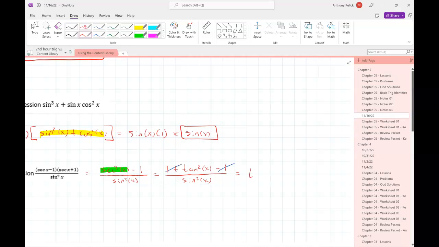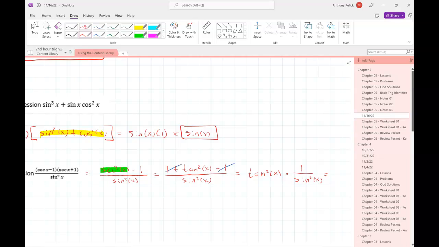Now, let me give you a little helpful hint when you get to a step like this. It's probably going to be more effective to think about it as tan squared times 1 over sine squared. Well, why, Mr. Kulik?